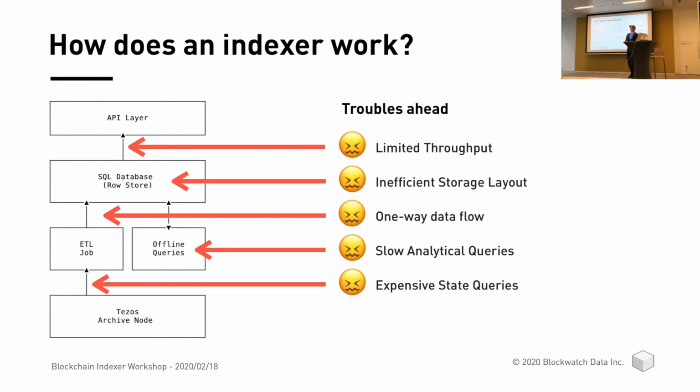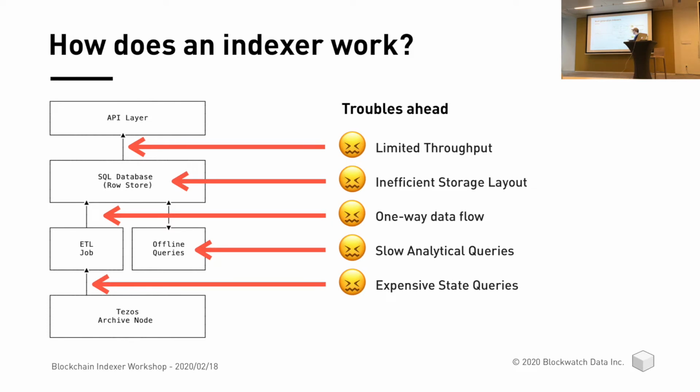So what we basically did with the TC Stats backend is we built a new generation of an indexing engine for that. And this new engine also uses a Tezos archive node, but this engine is based on a new type of data store. It is a columnar data store, similar to what other people use, like ClickHouse, for example.